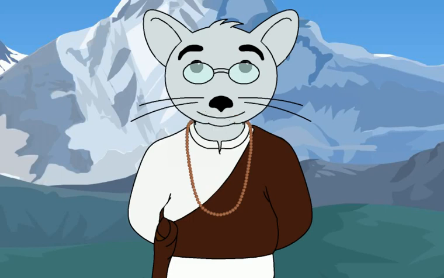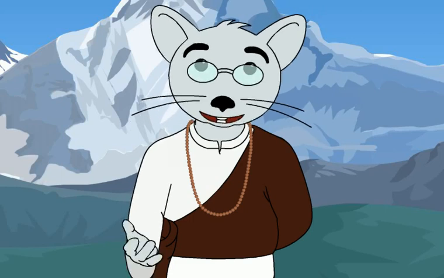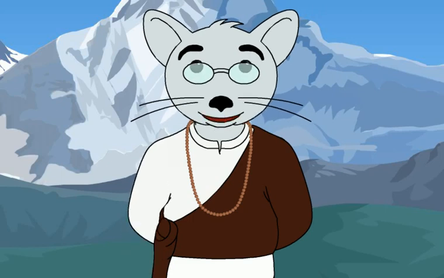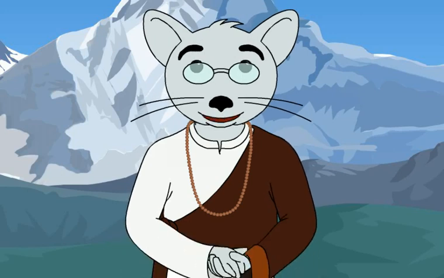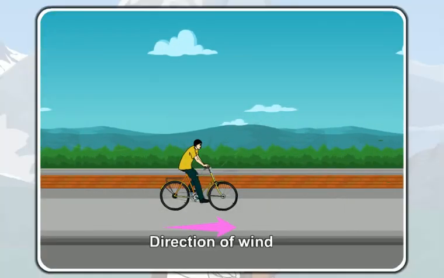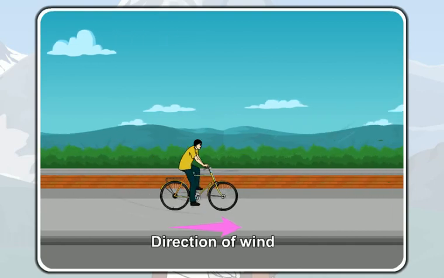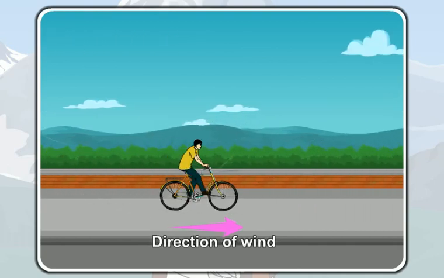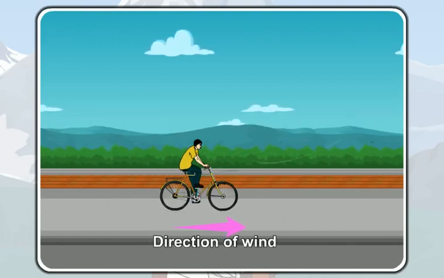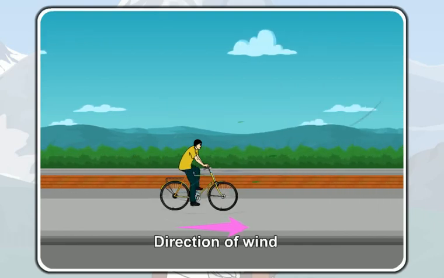Now tell me, when you ride a bicycle on a windy day, which direction do you feel easier to drive? You feel easier to drive along the direction of wind, don't you? Yes, it is easier to move in the direction of the wind. Do you know why?